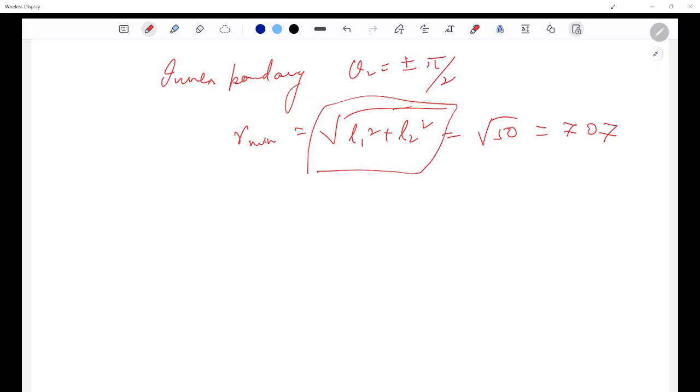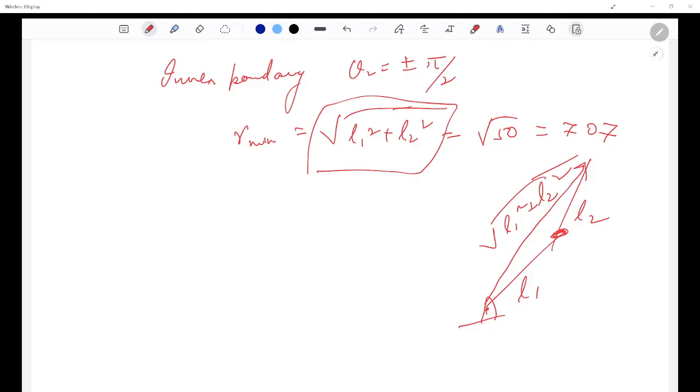I cannot say there also that it is able to go in between minus pi by 2 and pi by 2, because once link 1 has maintained a certain angle, the next angle is with respect to this link only. So any place that I can reach has to be a combination of L1 and L2 under root, right? So it has to be L1 square plus L2 square. That is the place only that I can reach.